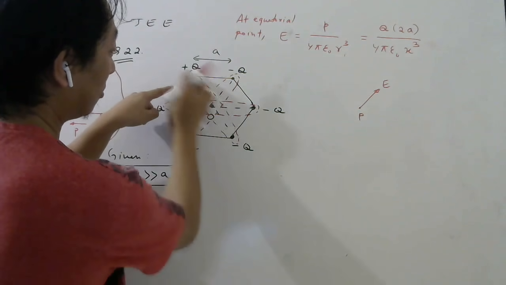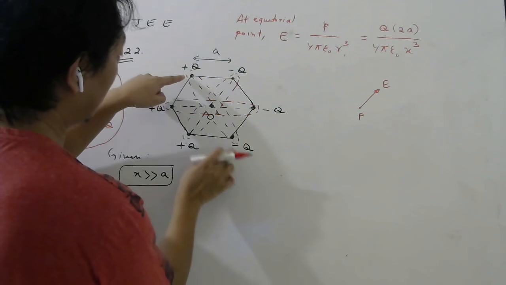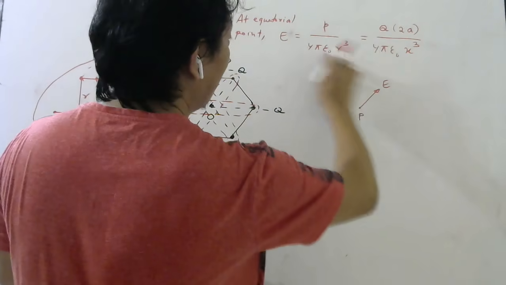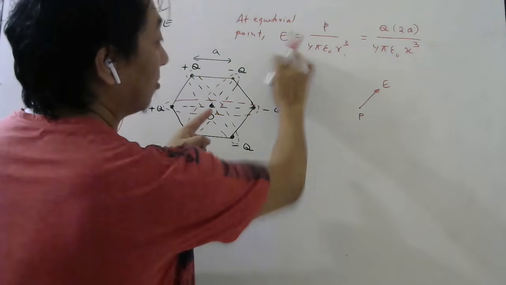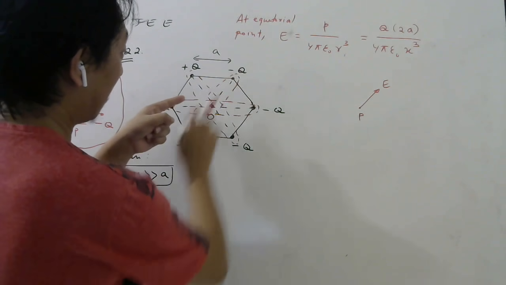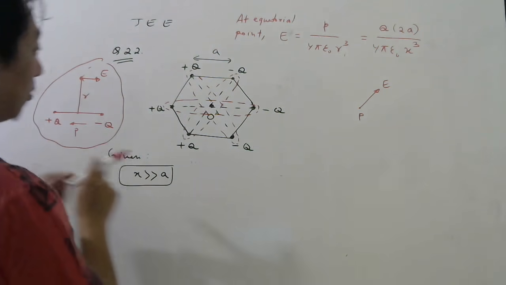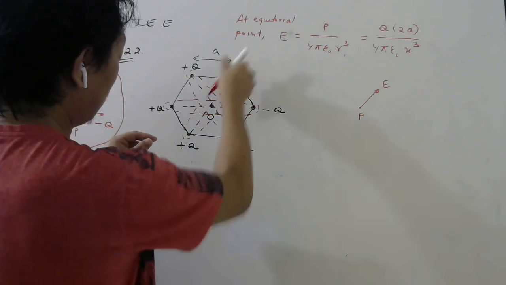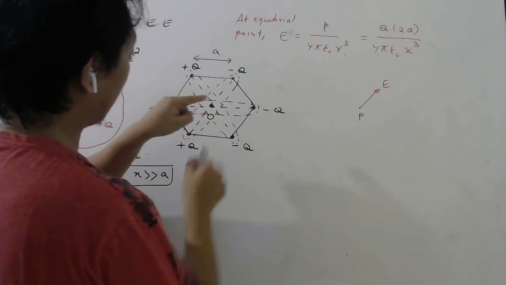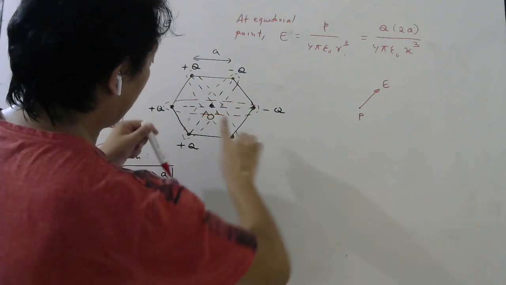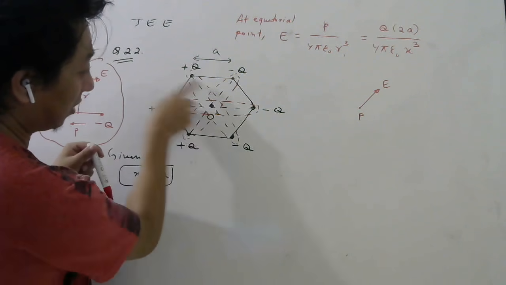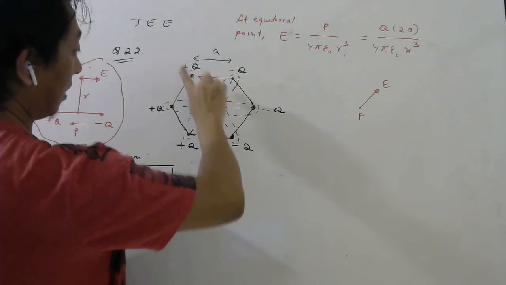This dipole also has dipole moment q into 2a. So magnitude of electric field due to each dipole will be same. But due to this dipole, it will be opposite to dipole moment. Dipole moment is from minus q to plus q. So electric field here due to this dipole will be that side. Due to this dipole, the second one, dipole moment is this way, so electric field will be this way.